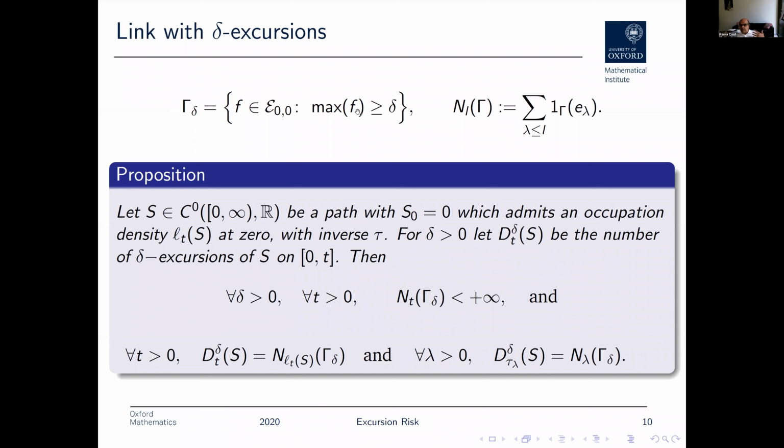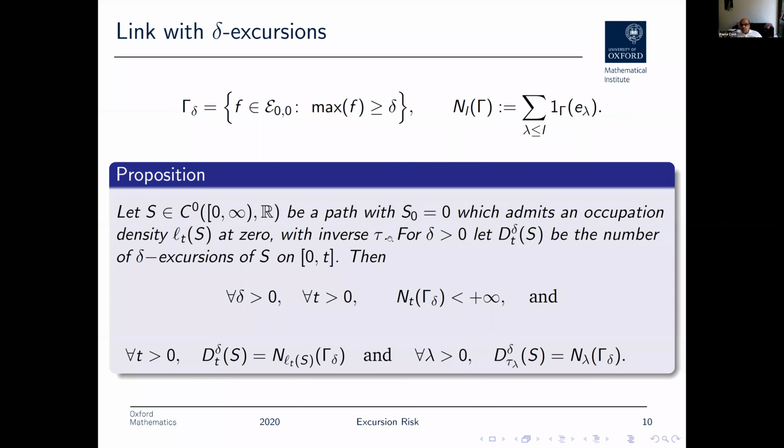Because of this one-to-one correspondence, counting delta excursions, which is what d delta t does, or counting excursions from 0 to 0 which are in gamma delta, is the same thing. So this last exit decomposition is what makes this work.